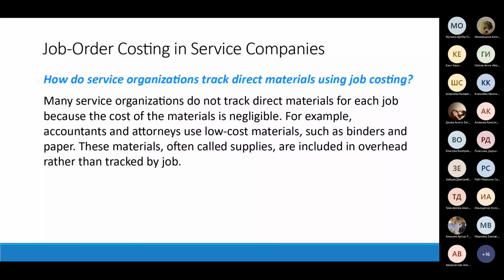So we can estimate an average, but not exactly as we do in manufacturing companies. For example, when we produce furniture, we know that this table or chair requires 0.5 cubic meter of wood. So we can't say the same regarding the service companies.